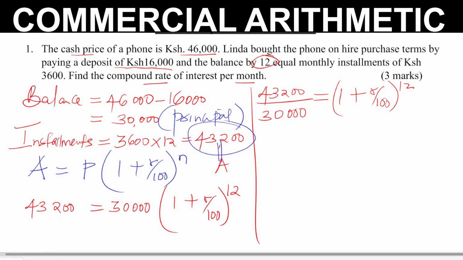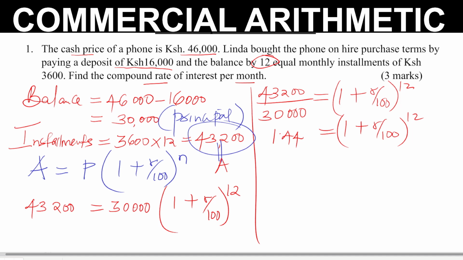So we divide 43,200 by 30,000. This will give 1.44, is equals to 1 plus r over 100 raised to power 12.